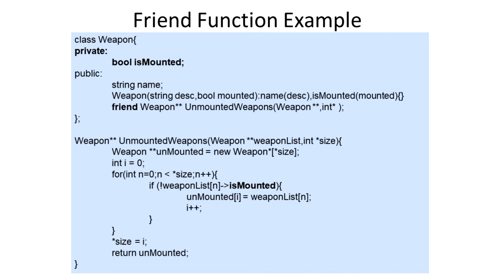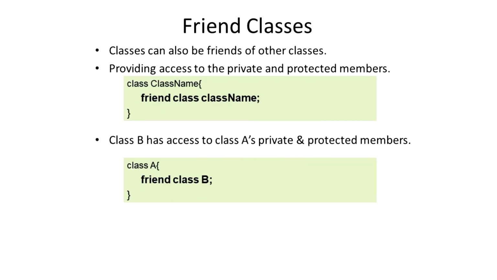So I'm not going to major on what this code does, but instead, hopefully this just illustrates that we can gain access to a private data member of a class that we wouldn't normally have access to if it wasn't a friend. And next, as I just mentioned, we're going to now have a look at how we can make an entire class a friend of another class.